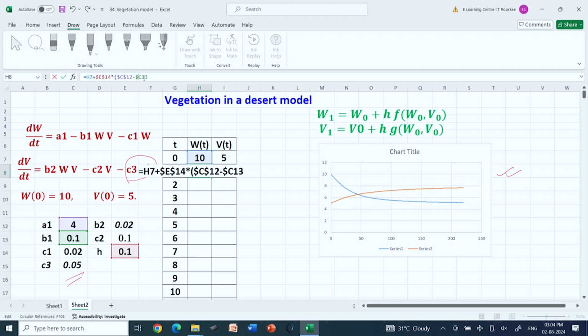So, I put the dollar, multiplied by w, multiplied by v, minus c1, again a constant, times w.